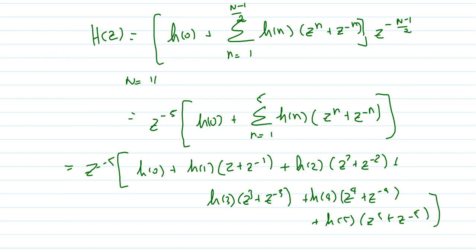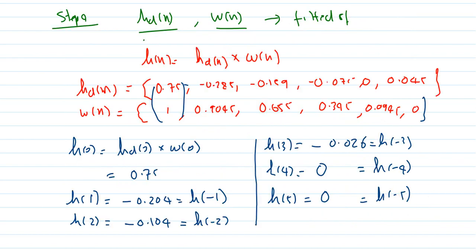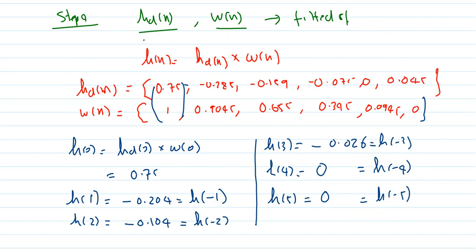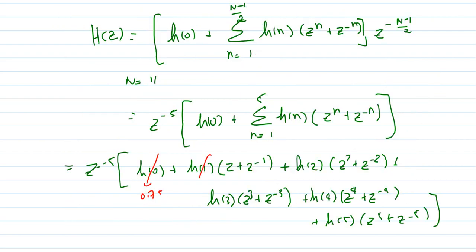From the previous step we know that H of 0 is 0.75, H of 1 is minus 0.204, H of 2 is minus 0.104, H of 3 is minus 0.026, and H of 4 and H of 5 are 0.